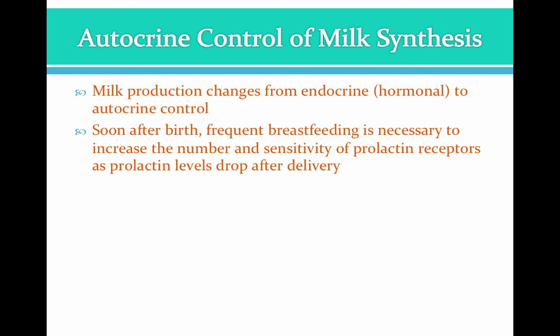So soon after birth, there's policies within hospitals to make sure that if the mother's going to breastfeed her baby, she does so within 1 hour after birth. And by doing that soon after birth and then continuing to breastfeed on demand, that's going to ensure that there's an adequate number of prolactin receptors for lactation.